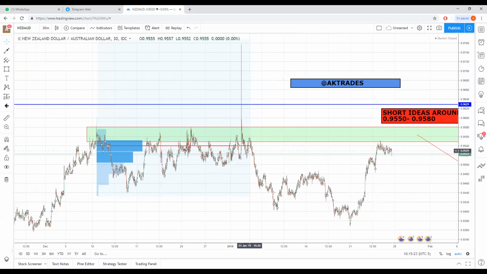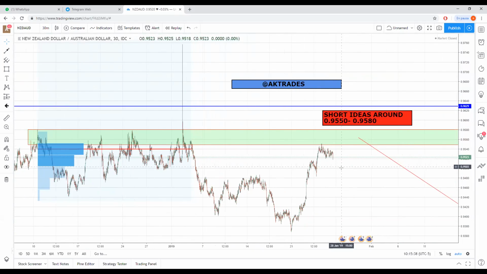Price went sharply down, and now it is doing a kind of pullback to around this area again. So we can try to look for trades.